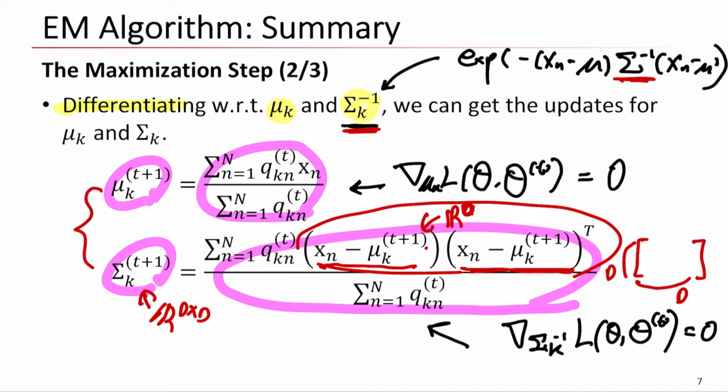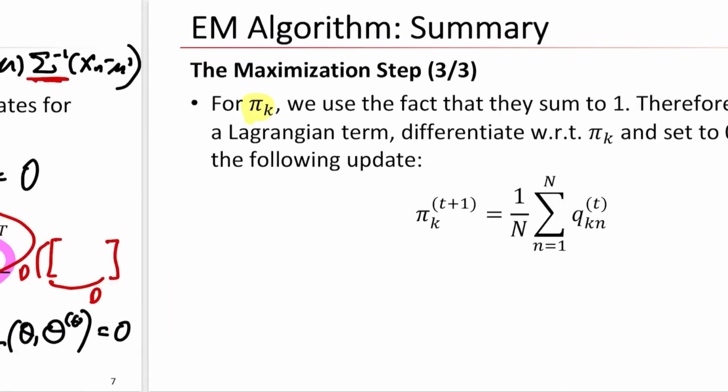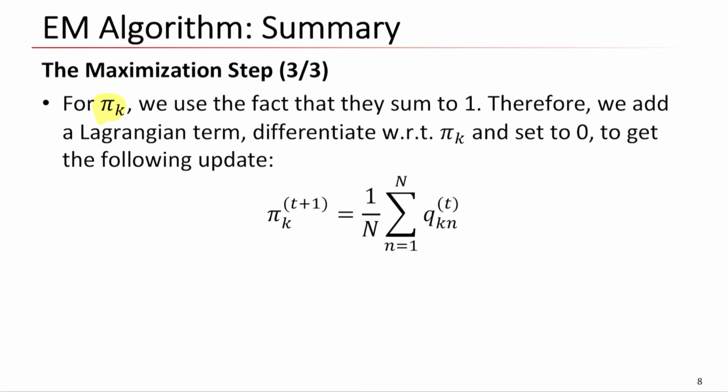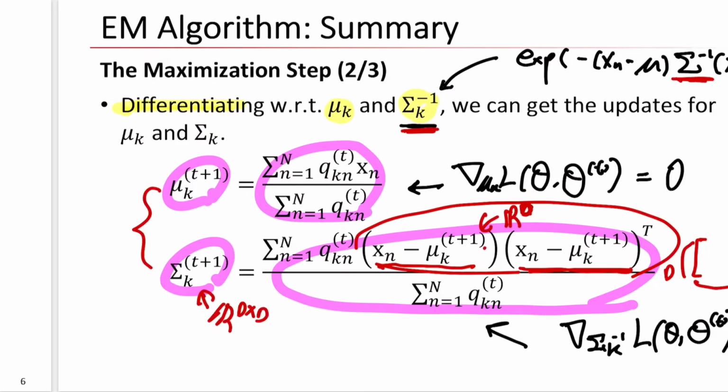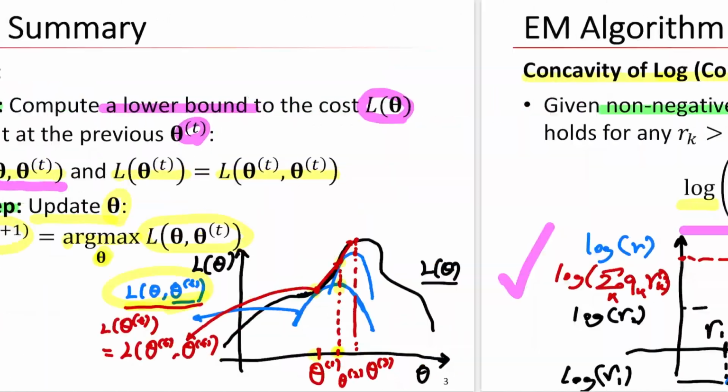Okay, so we also need to estimate the pi k, right? But compared to the mu k and sigma k, there is one constraint for the pi k, the fact that they sum to 1, right?